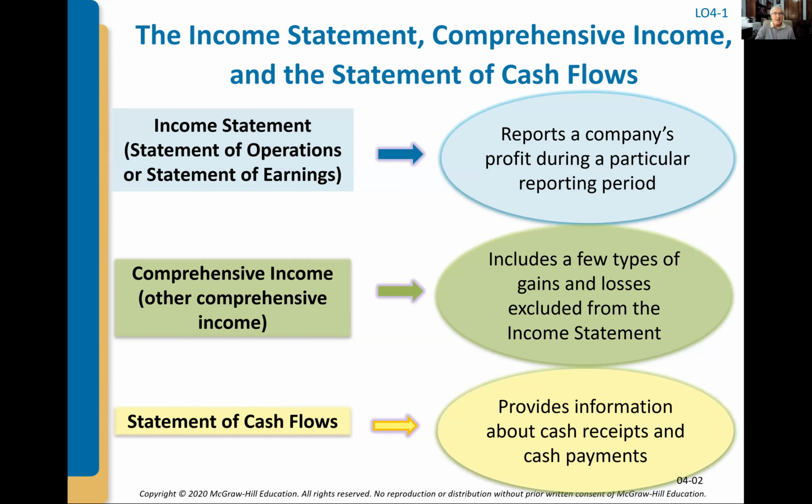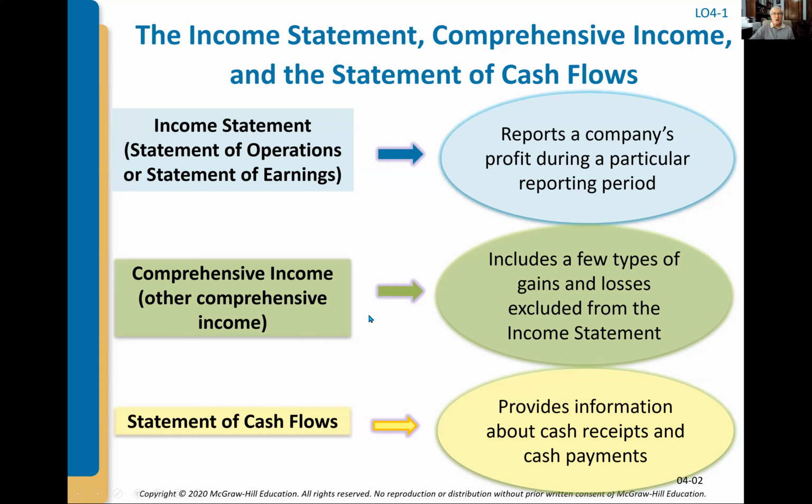We're going to talk also about the statement of comprehensive income and the statement of cash flows in this chapter, but obviously the income statement is going to take a big piece of this, and it reports the company's profit. Now, there are some gains and losses that under generally accepted accounting rules do not go straight to the income statement. They get captured in equity in something we call comprehensive income. That's a little bit beyond the scope of this Intermediate 1 course.